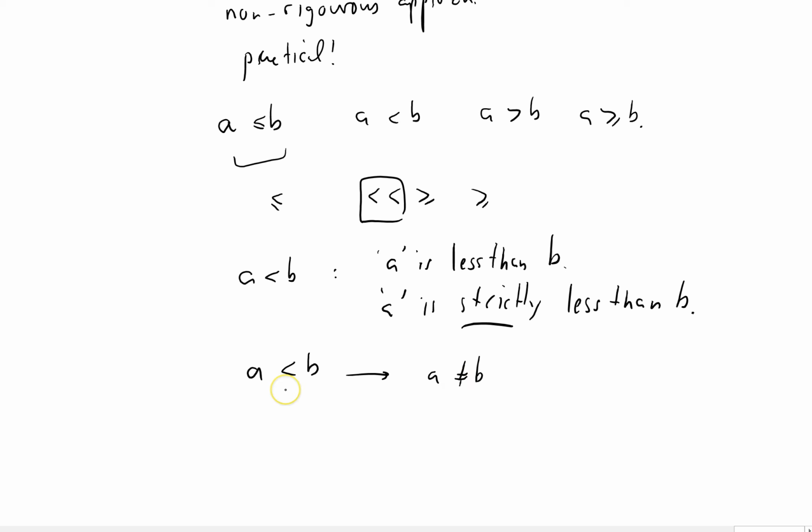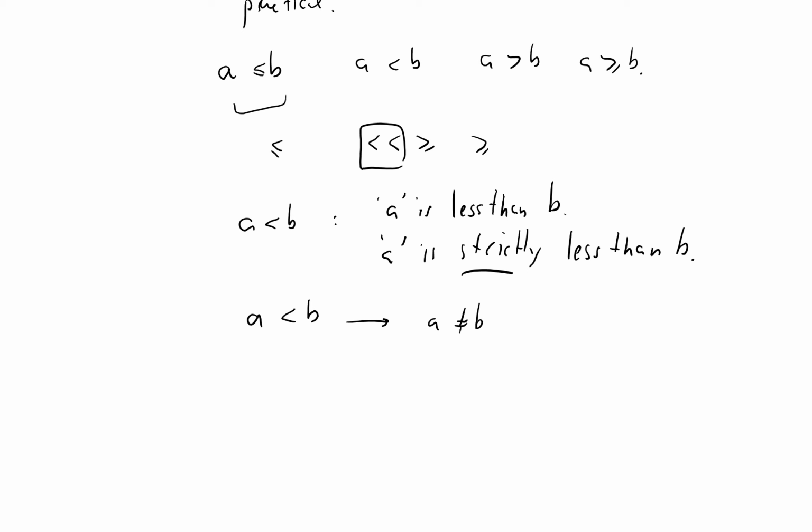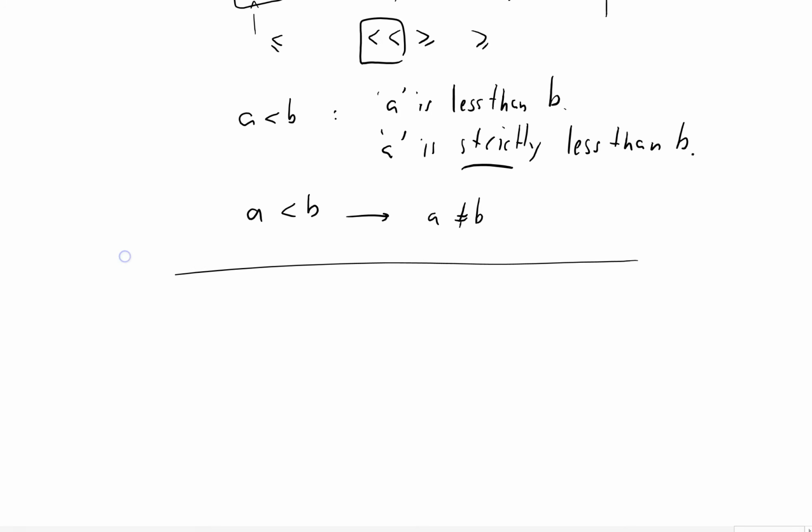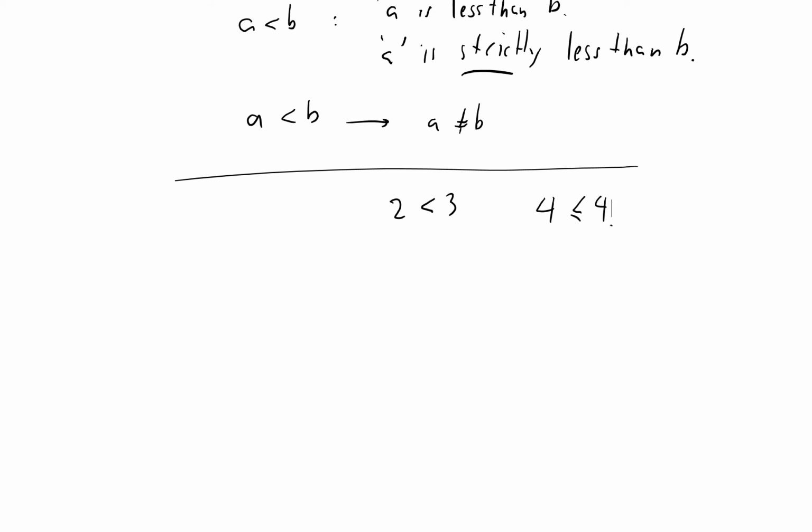If you say that A is strictly less than B and it might be equal to B, then that's not correct. Okay, so we've got strict inequalities, less than and greater than, and regular inequalities, less than or equal to and greater than or equal to. And I'm going to assume that you understand that 2 is less than 3 and 4 is less than or equal to 4 and so on.